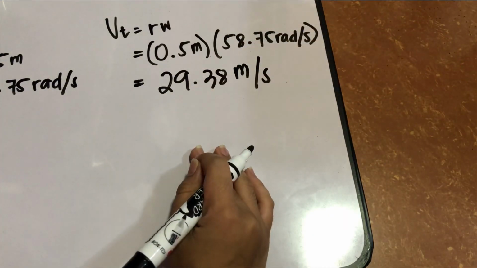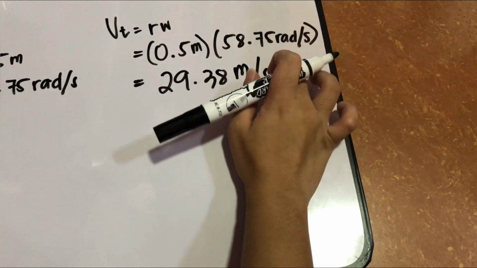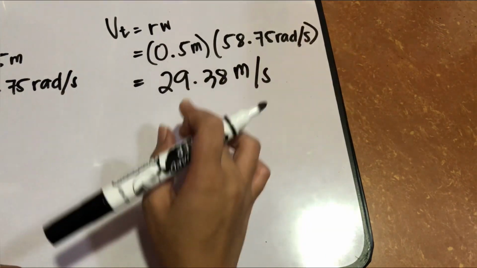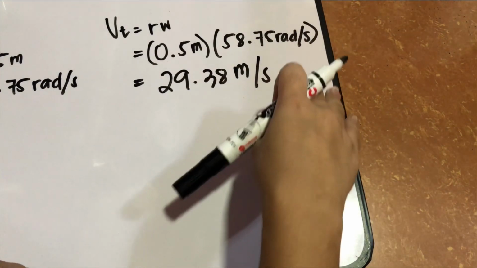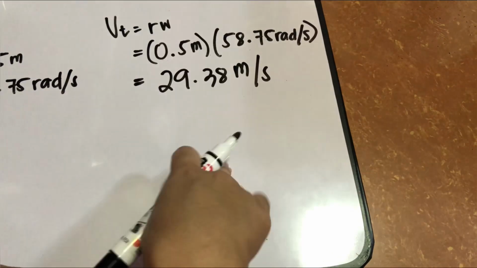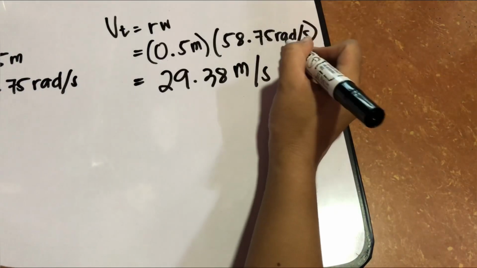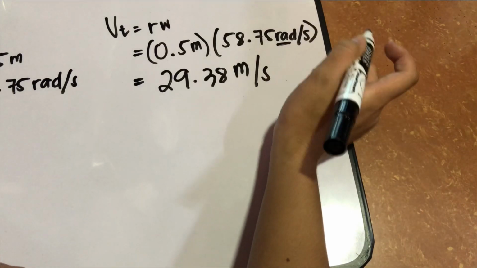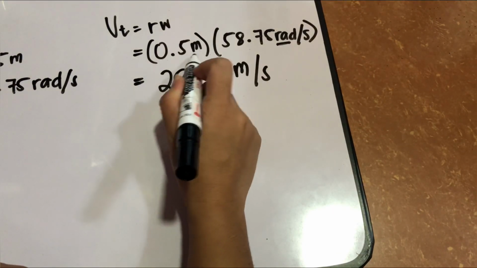Same as before, the radian disappeared because 1 meter per meter is equals to 1 radian, so it cancels out automatically, and what remains is meter per second.